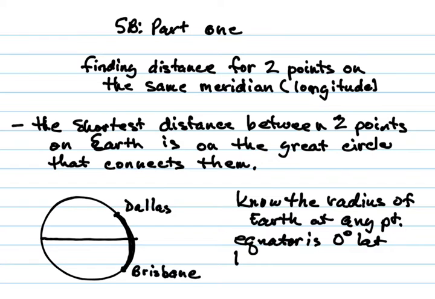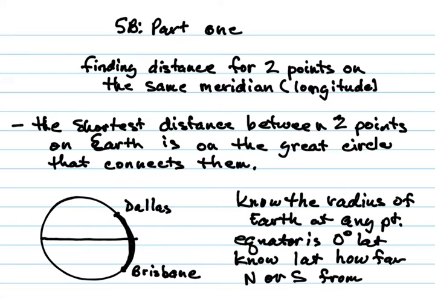We also always know that latitude tells you how far north or south from the equator. That's what lines of latitude do, is measure distance from the equator. So let's say, for example, that Dallas is 27 degrees, and since it's above the equator, that would be 27 degrees north. Let's say that Brisbane is 35 degrees south.